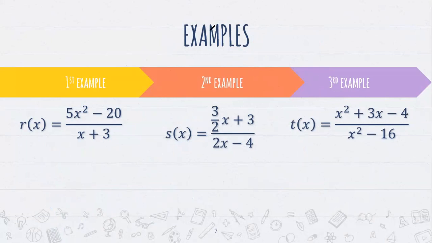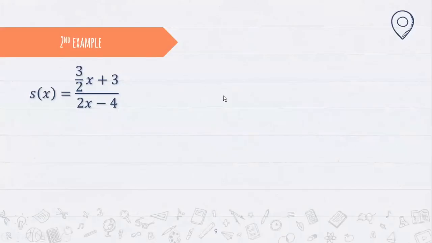Sa tingin ko kaya niyo na ito kung nasagutan niyo na itong r of x, kasi mas simpler siya actually. So it's already 3:24. Bigyan ko kayo ng 2 minutes para hanapin si x-intercept and y-intercept. And then later on, i-check natin.